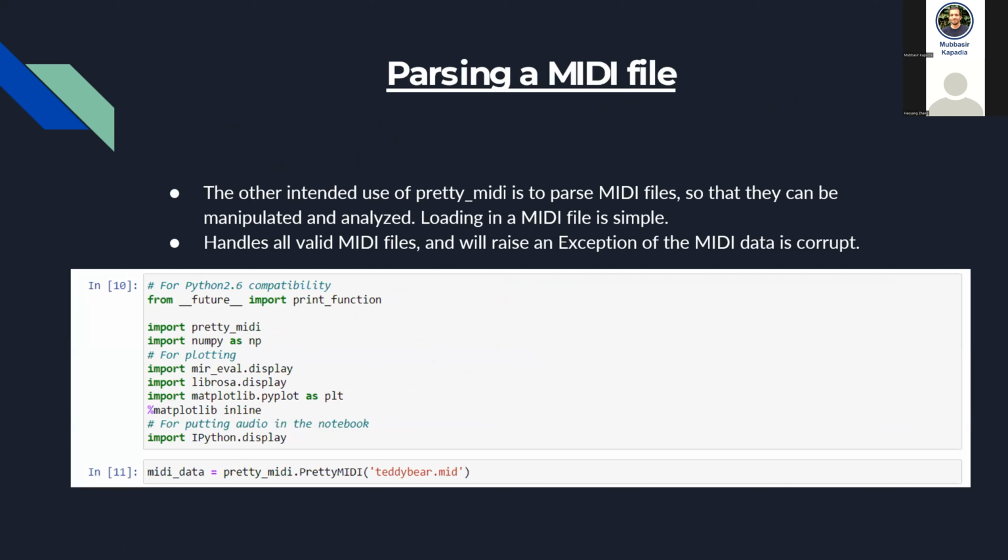We can also parse an already downloaded MIDI file. It's very simple: you use the PrettyMIDI class and give the MIDI file as input. For example, I already have a teddybear.mid file, so I can pass it to the package. It handles all valid MIDI files, and it throws an exception if the MIDI file is not correct.